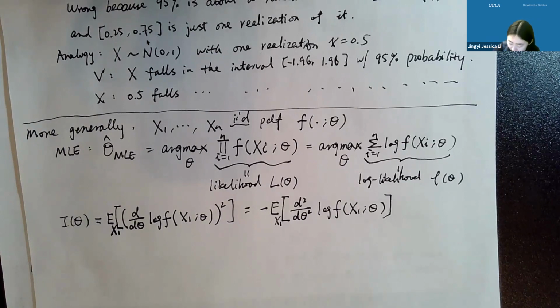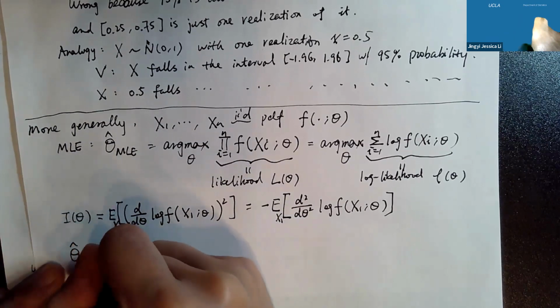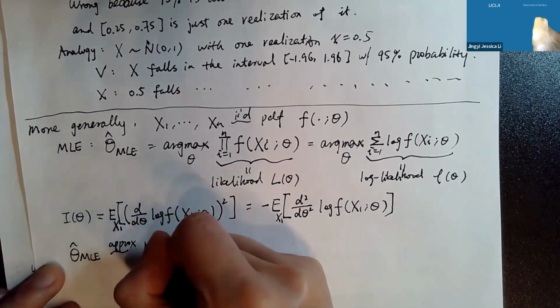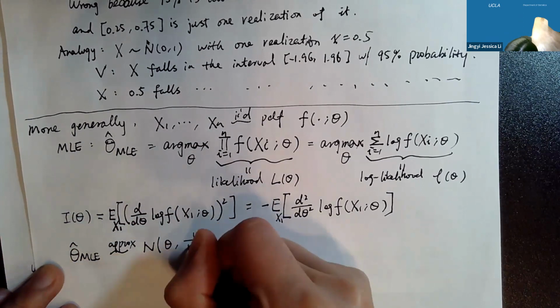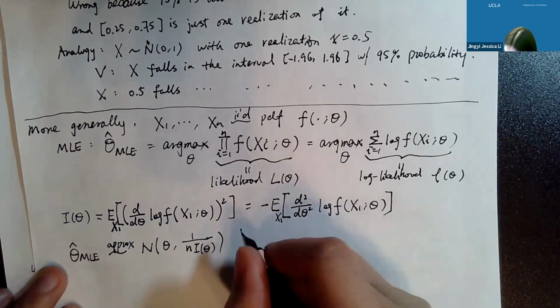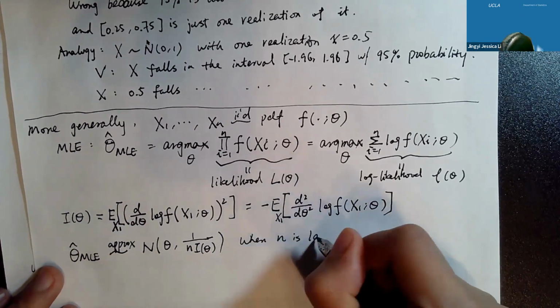With this, the MLE distribution tells us that the MLE approximately follows a normal distribution with mean theta and variance 1 over n times I(theta). This is when n is large.